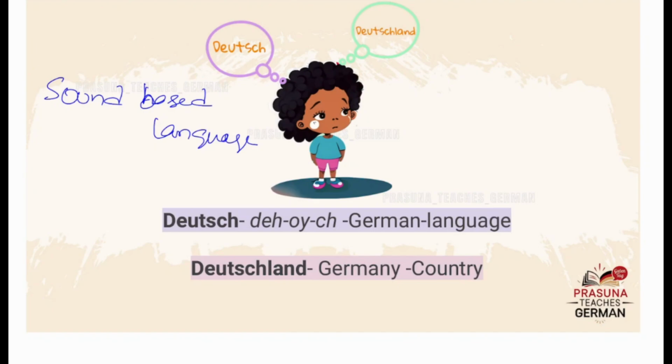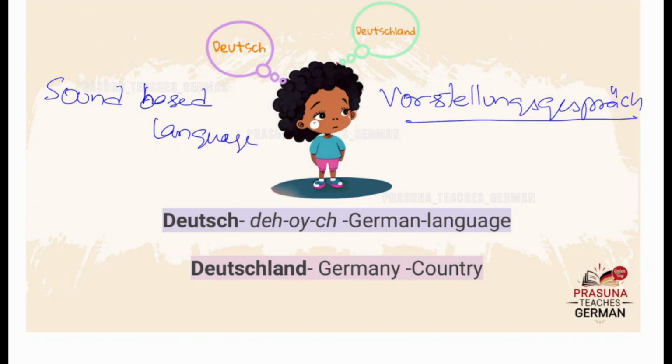For example, job interview in German is Vorstellungsgespräch. See the length of the word. But still I am easily able to pronounce it because I know the sound of each and every alphabet. The length doesn't matter if you know the sounds of each and every alphabet.